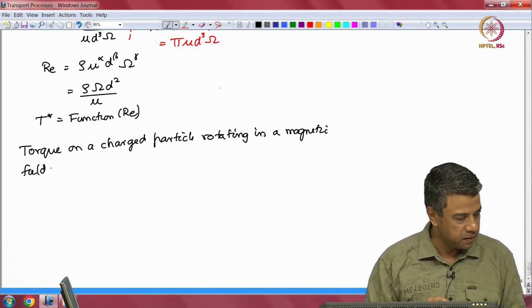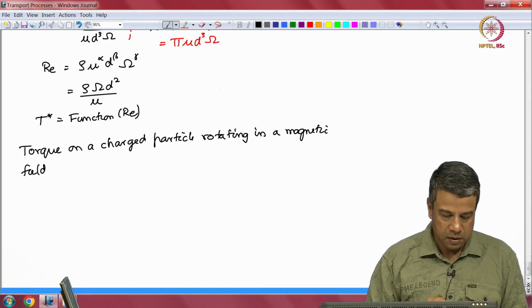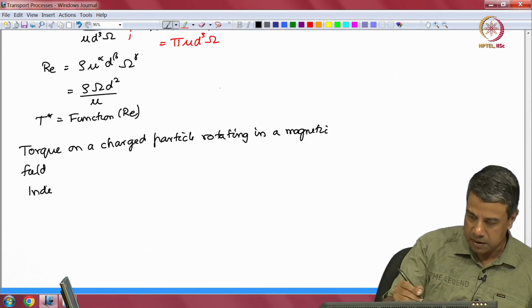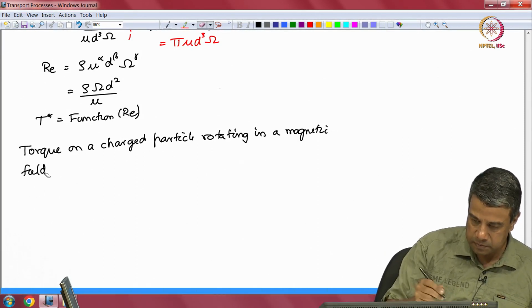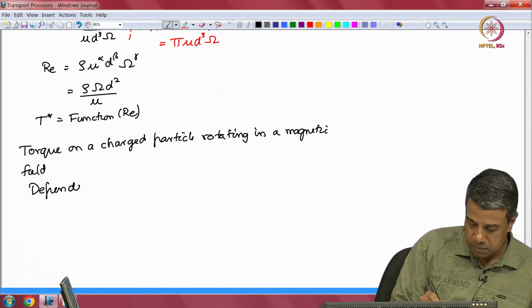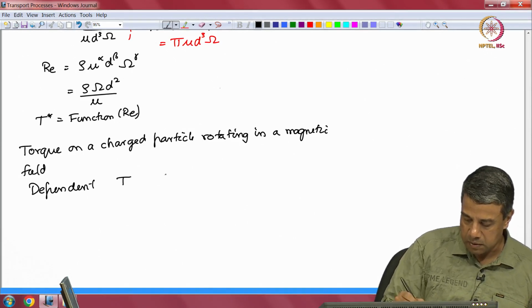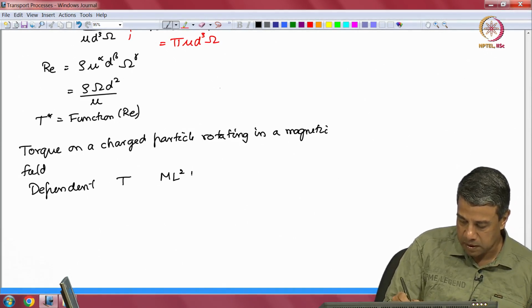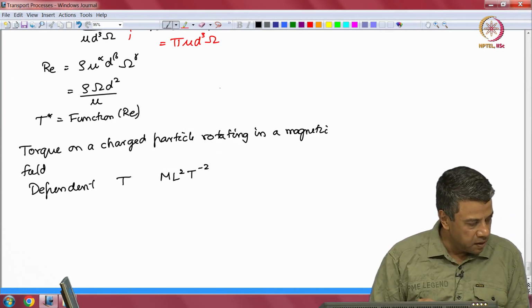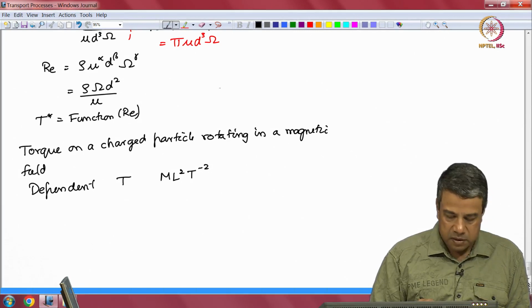Here the dependent dimensionless group is the torque, with dimensions m L squared t power minus 2, as we had just calculated. What are the independent dimensionless groups?